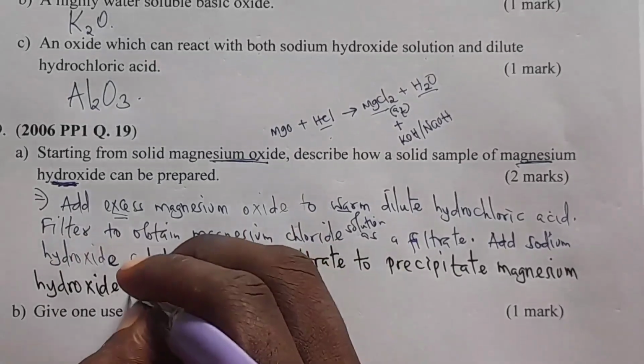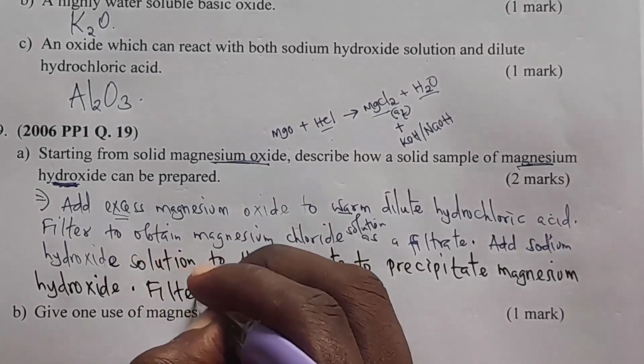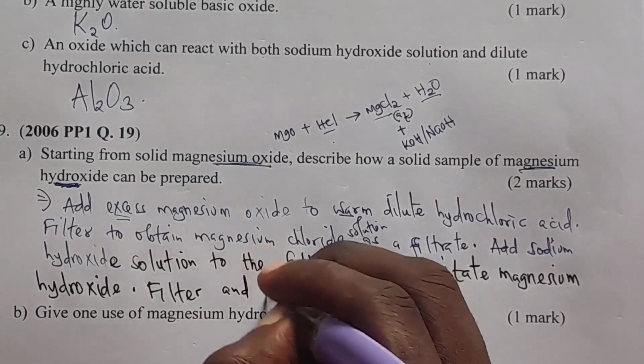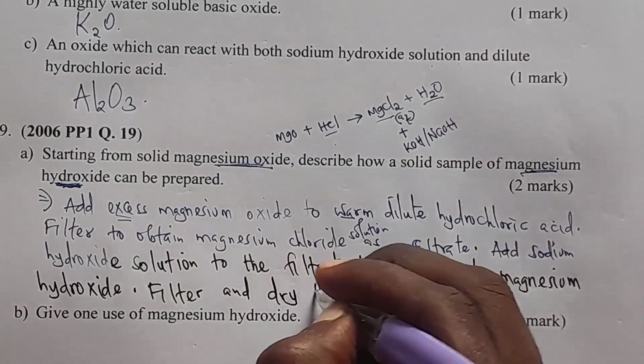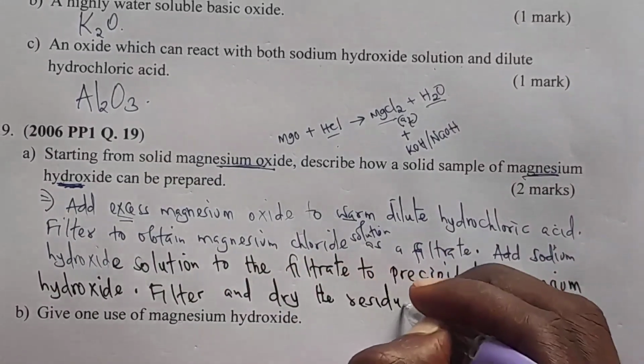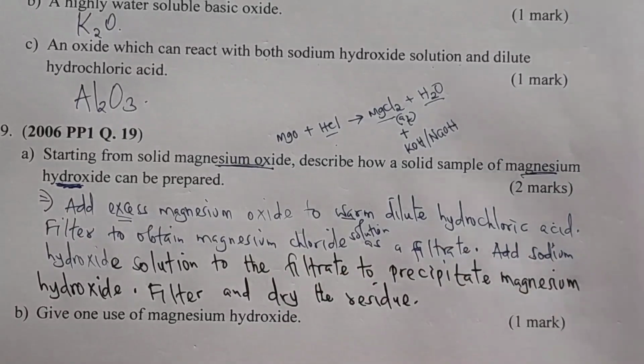Then we are supposed to say filter and dry the residue, because the precipitate that we are talking about is just the residue.